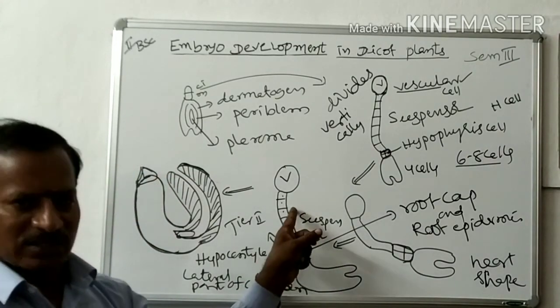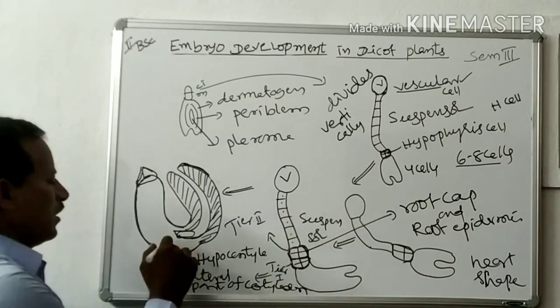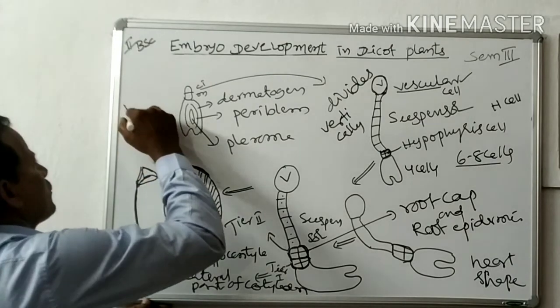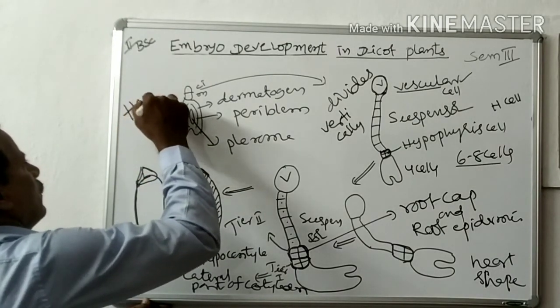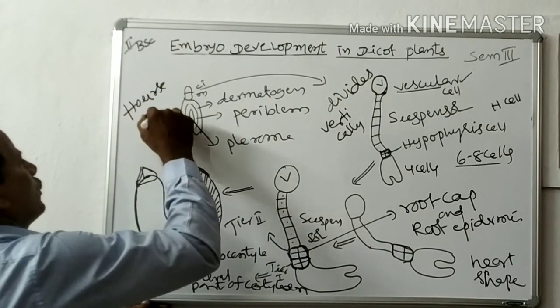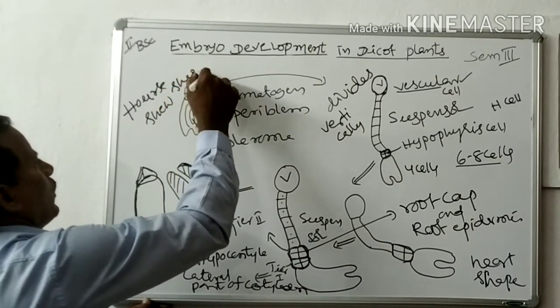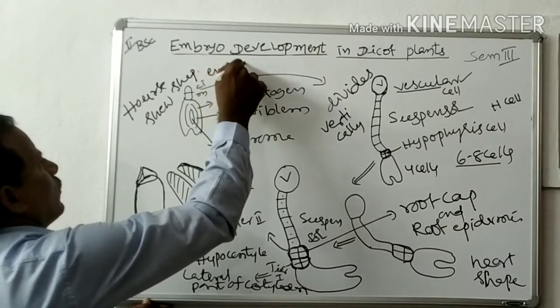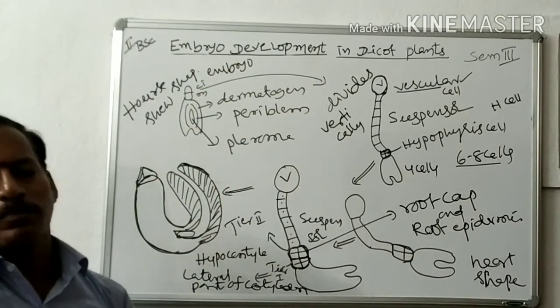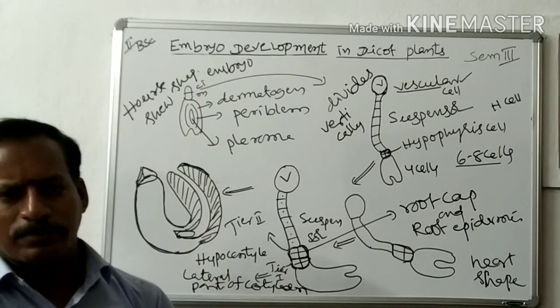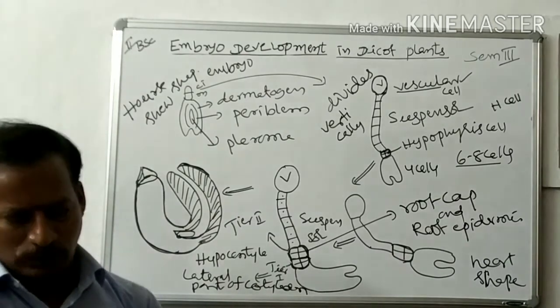Then gradually the embryo gets a horseshoe shaped structure. So this is the total development of the dicot embryo in the cruciferous type, Capsella bursa-pastoris.